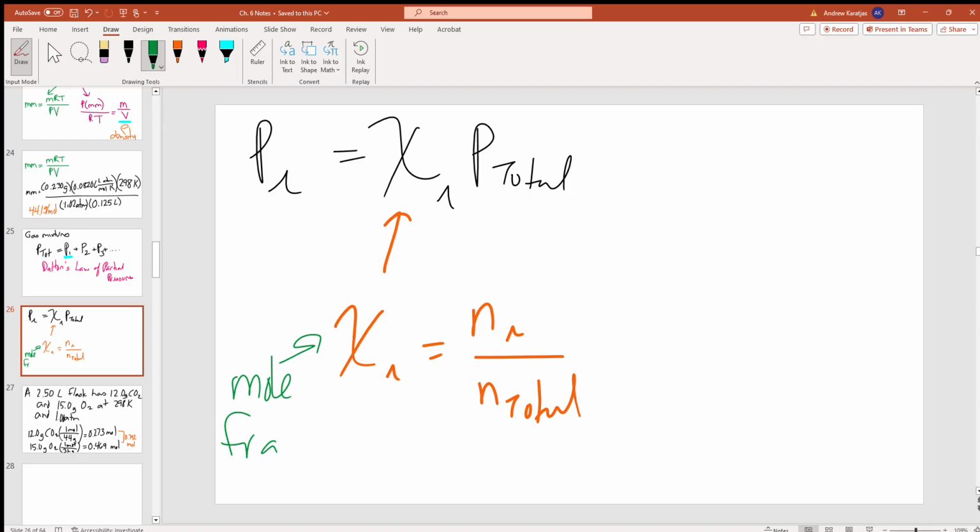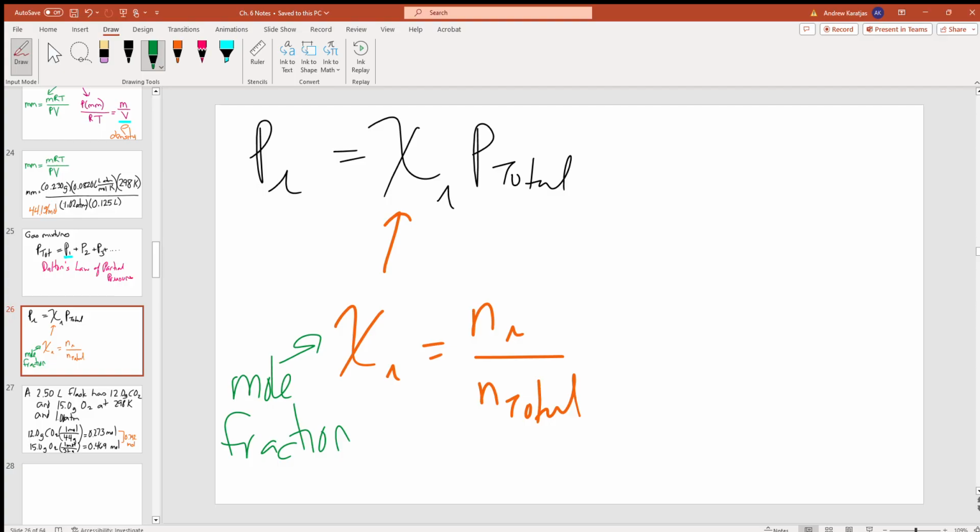So the pressure of each individual gas is equal to its mole fraction times the total pressure. And we can find the mole fraction of any substance, whether it's a gas or not, by taking the moles of that substance over the total number of moles.